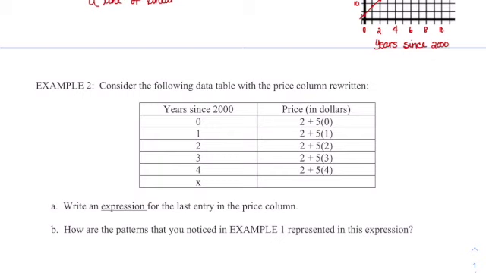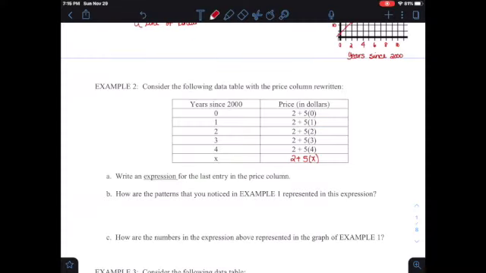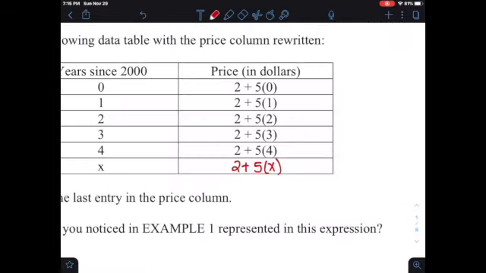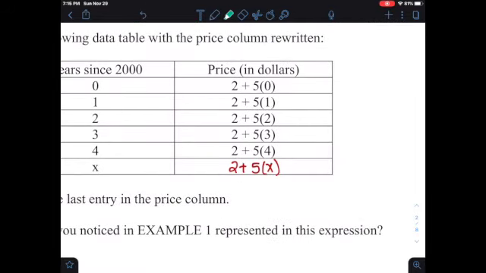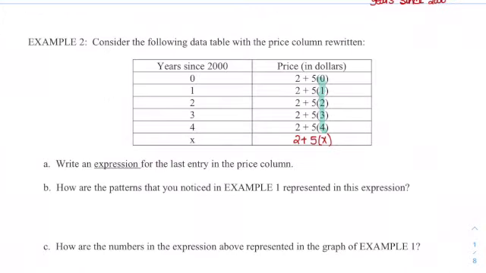So since they give you an X, that's what we're going to write down. You should be able to see the numbers that keep on changing are the 0, 1, 2, 3, 4. Because it's changing, I'm going to replace it with the X. That's the best way to think about it when you write an expression, because that is going to be represented by a variable. So now let's take a look at the question they want us to answer.